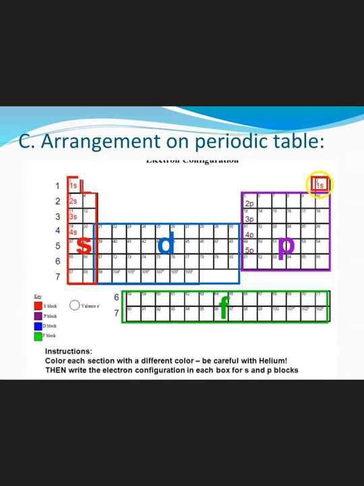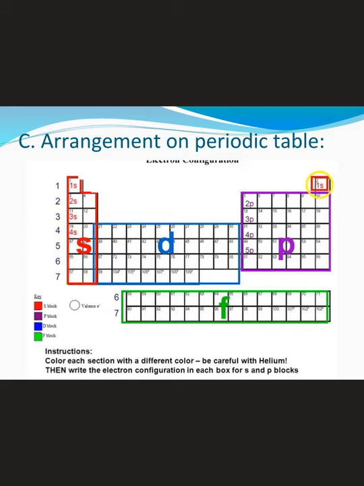So here's the arrangement on the periodic table. So you have the alkali and alkaline earth metals, the first two columns, in the s orbital, including helium over on the right hand side.